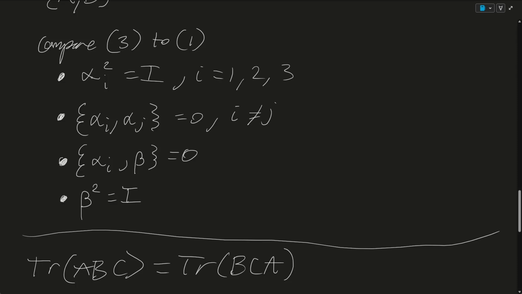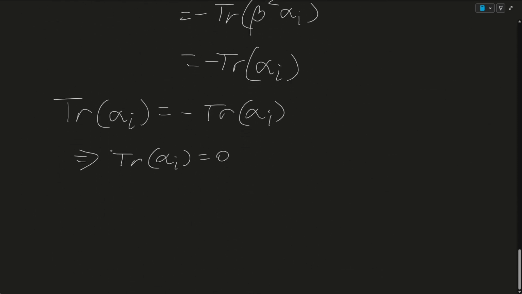Since alpha squared equals I, the eigenvalues of alpha are plus or minus 1. And the trace is just the sum of the eigenvalues. So the sum of the plus 1s and the minus 1s equals 0. So there must be an even number of positive and negative eigenvalues. So the dimension is even, because the trace is 0.